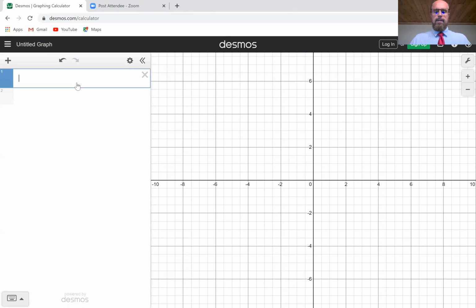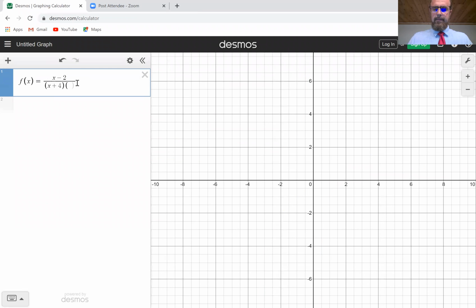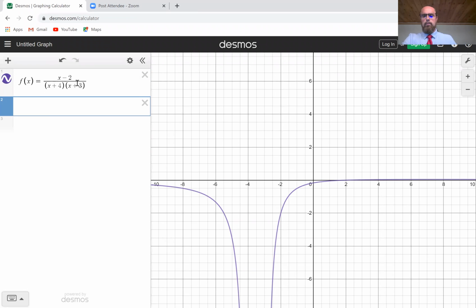So I'm going to type it in, f of x equals x minus 2 over factored x plus 4 times x plus 3. And there's our graph. So I just want to notice some stuff about it. On the left-hand side, in fact, let me place my vertical asymptotes.